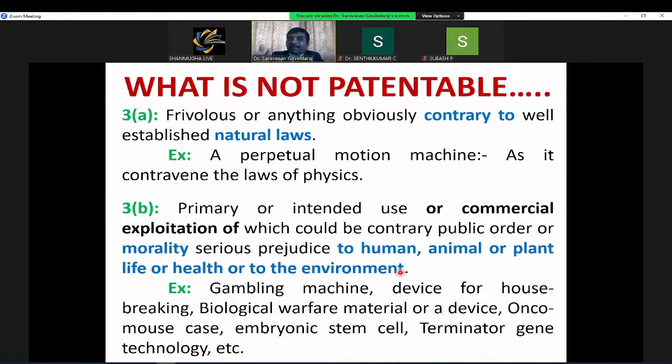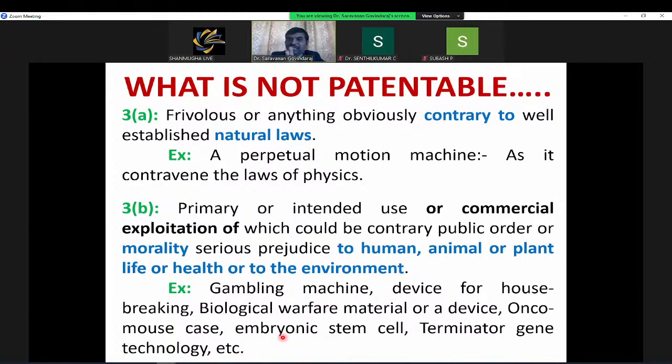For example, gambling machines, devices by which we can break a house, biological warfare materials, and things which can be used for cloning cannot be patented according to Section 3B.